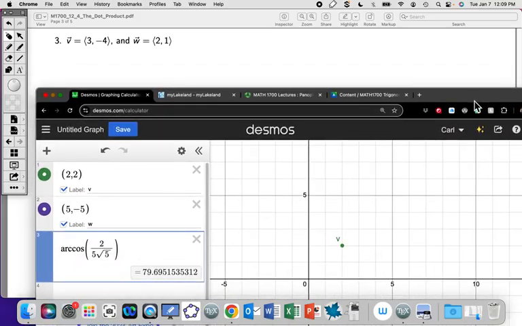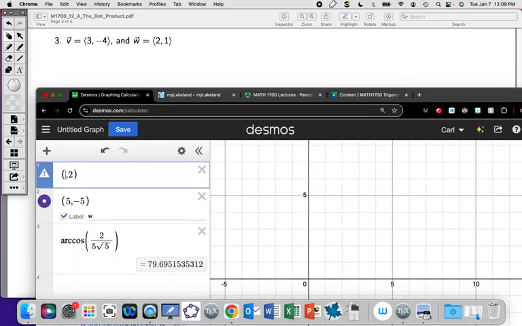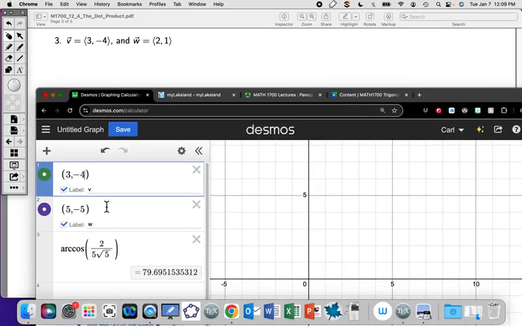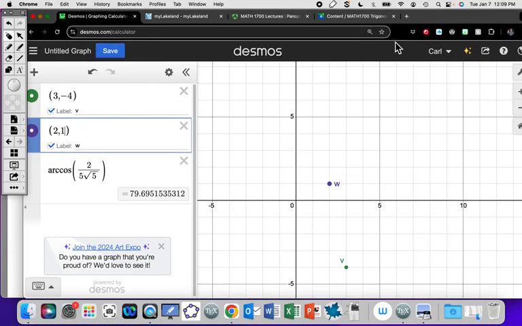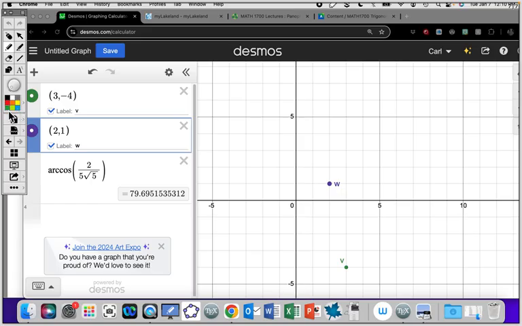So let's check here. 3, negative 4. 2, 1. Starting once again at the origin, putting these vectors in standard position. Yeah, it's believable that that's 80 degrees. All right, it looks close to being a right angle.